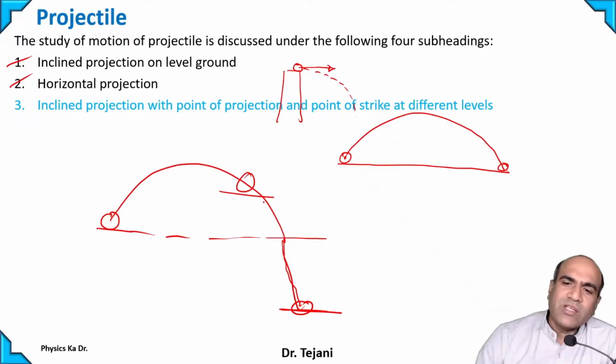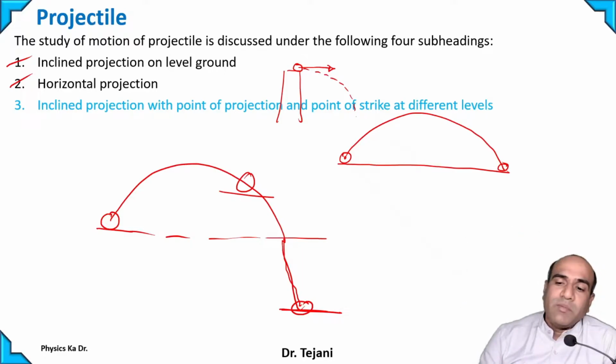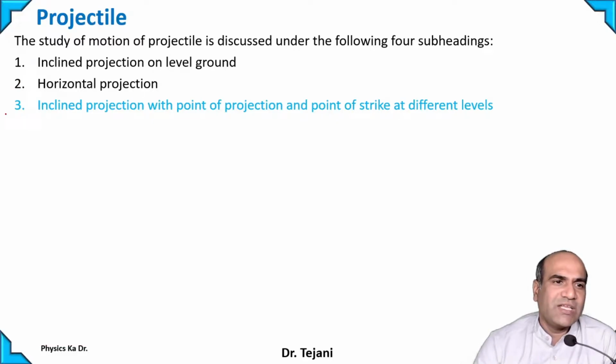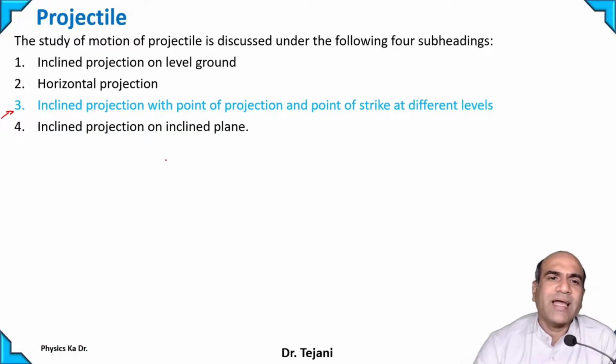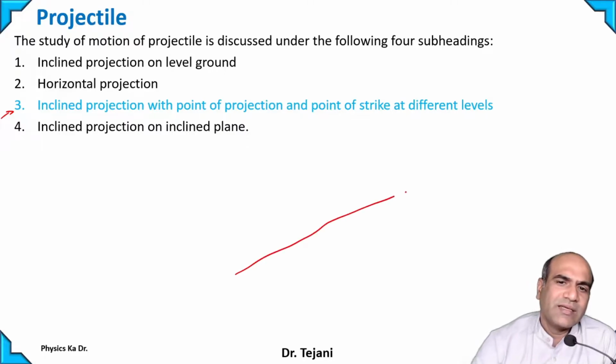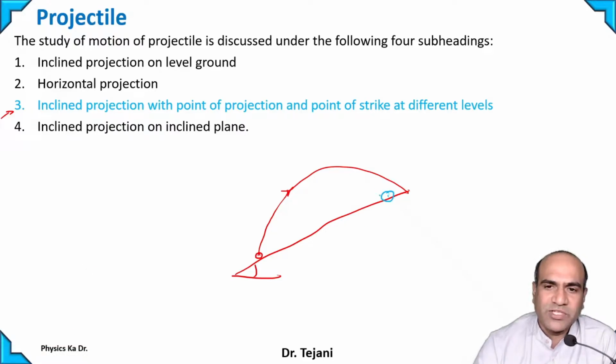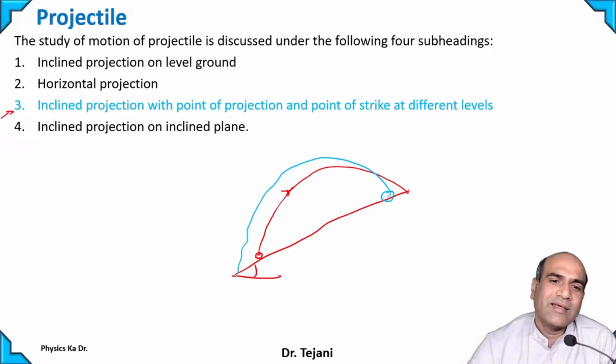You can assume an object thrown from the ground to the first floor or second floor, or from the ground to some lower height. We will be studying this part. And the fourth one is inclined projection on an inclined plane. That means we throw an object toward a positive slope, or on the opposite side, from this position onto a negative slope.